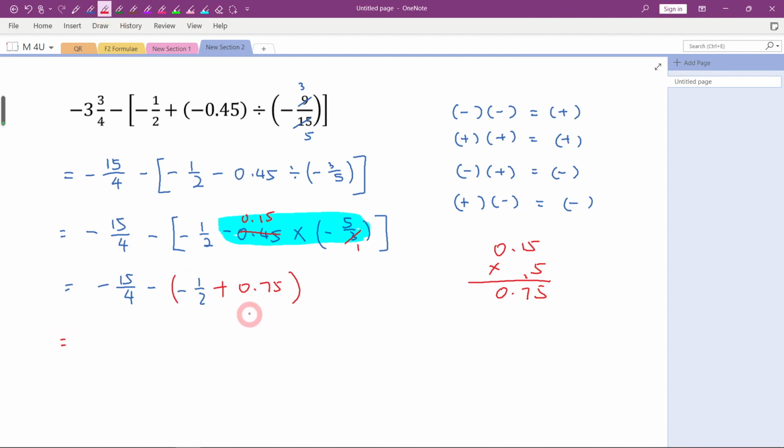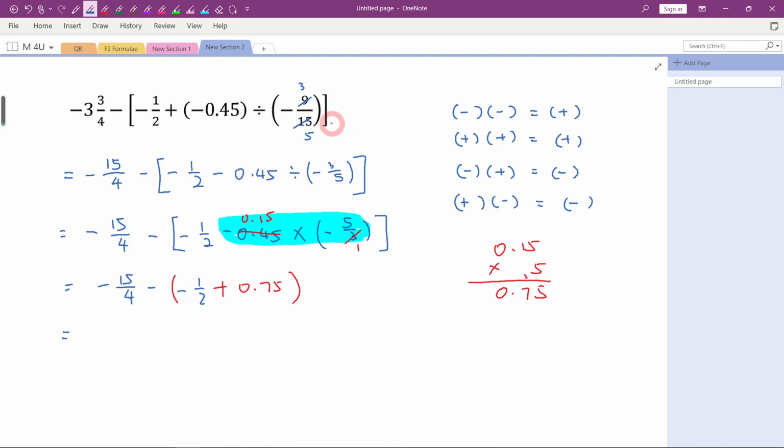Okay, so let me continue. This one you can change to fraction if you want. If you don't want, you can change this to decimal. It's totally up to you. But you need to be more careful if the question requests you to give your answer in decimal, so make sure your final answer is decimal.